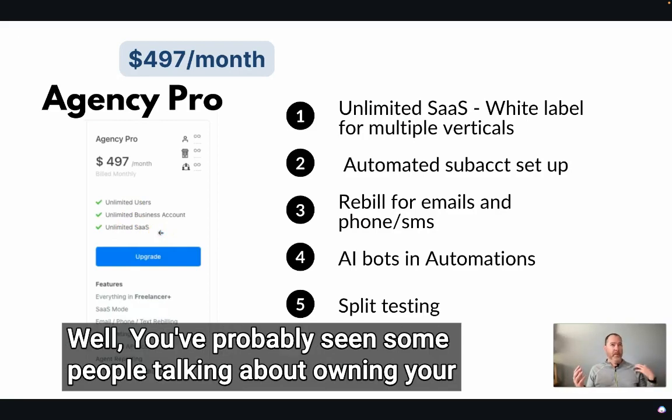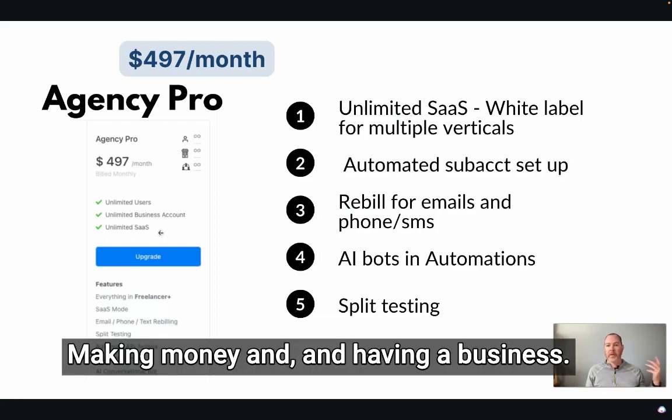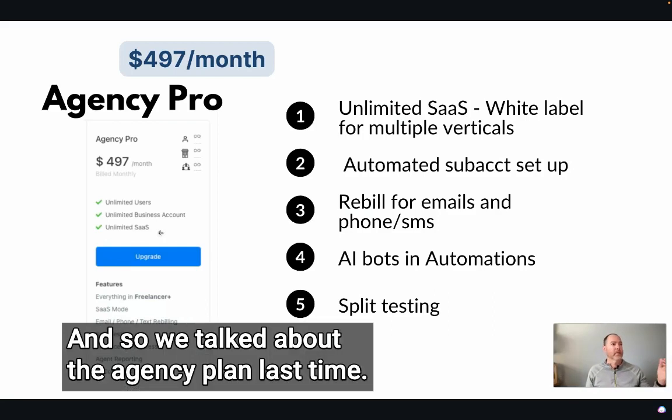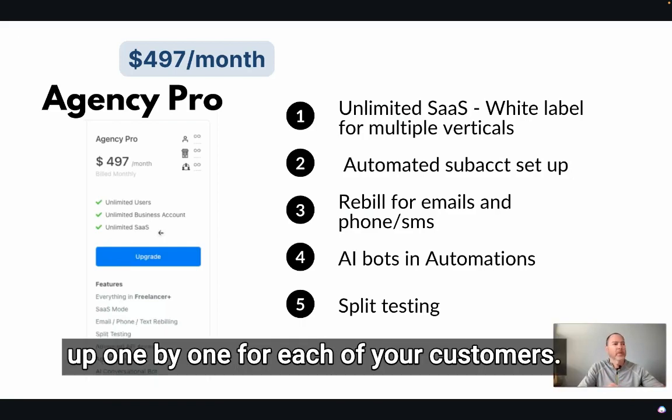Well, you've probably seen some people talking about owning your own software as a service or SaaS company as a great option for making money and having a business, right? And so we talked about the agency plan last time. Well, you're essentially giving businesses this service and setting those things up one by one for each of your customers.